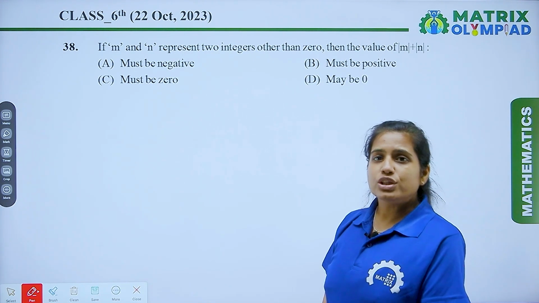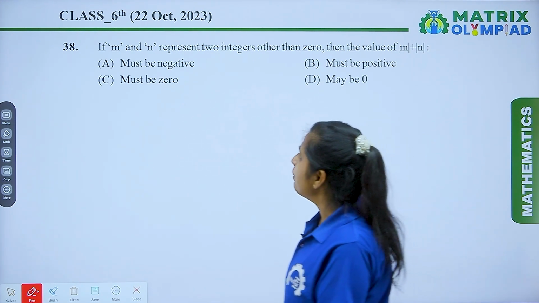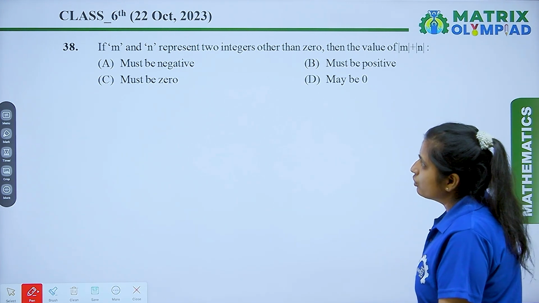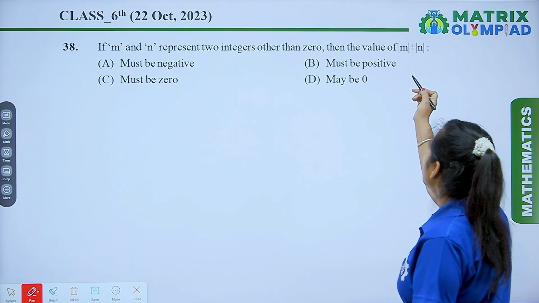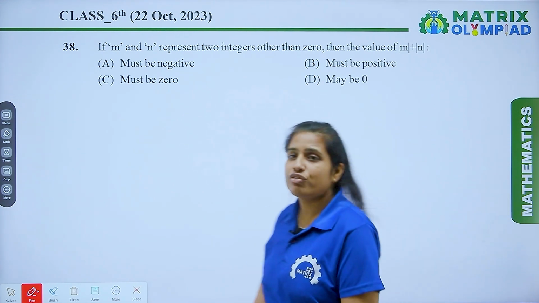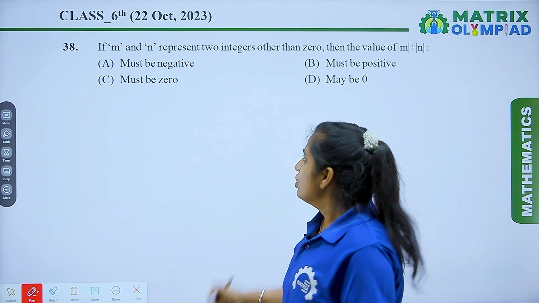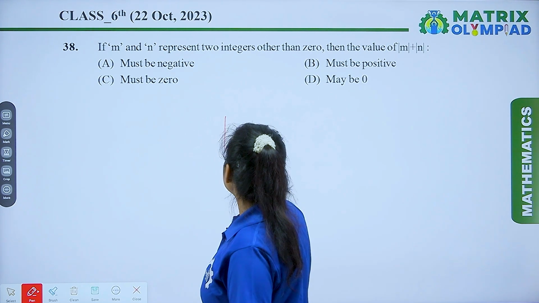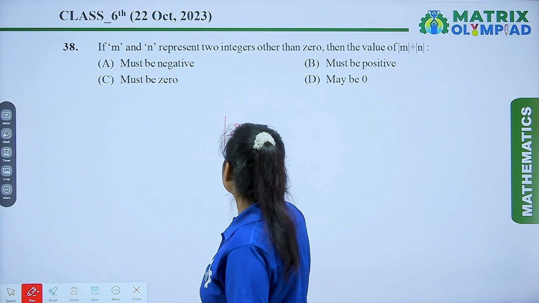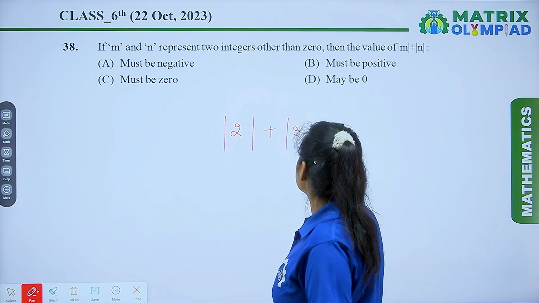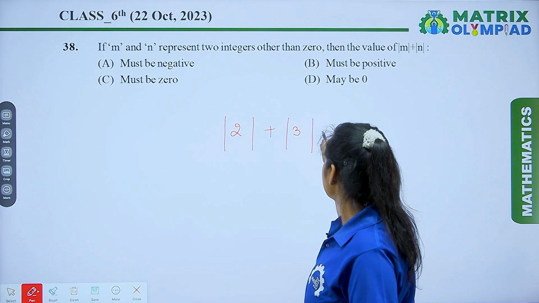Now the next question is question number 38. If m and n represent 2 integers, then the value of absolute value of m plus absolute value of n is. So let's take an example. In place of m, let's take 2, and in place of n, let's take 3.